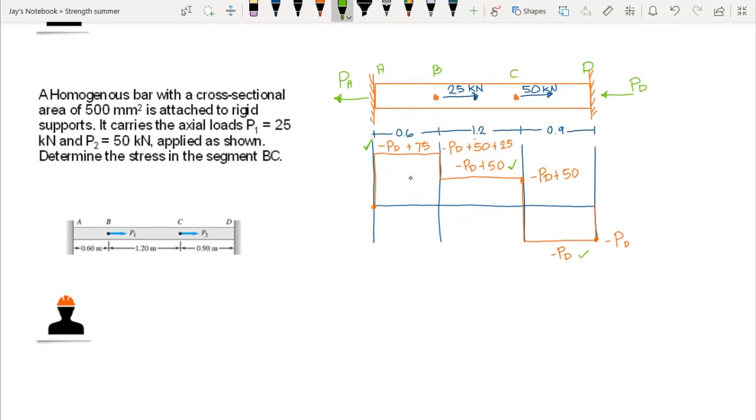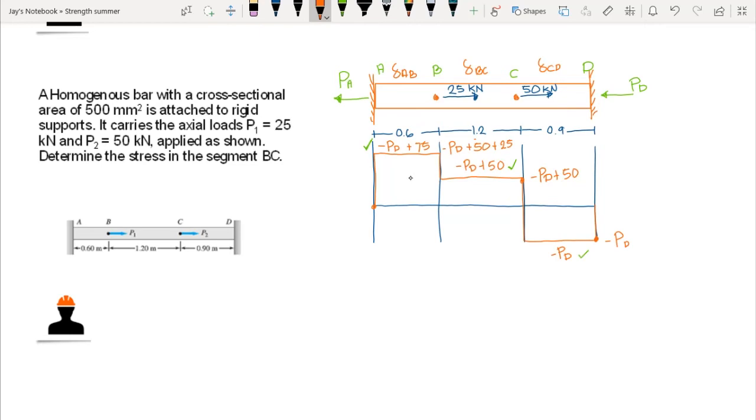So we could say that our AB here has a deformation, let's say the deformation of segment AB. We also have deformation of segment BC, and we also have deformation of CD.